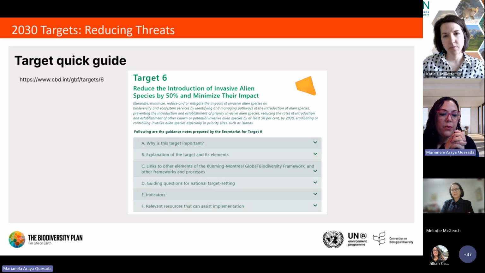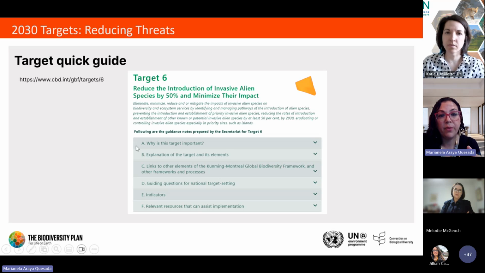So what we have done from the Secretariat is that we have tried to create these target quick guides that will hopefully help connect parties and stakeholders in understanding the targets. So if you go to the CBD website, you will be able to access the target quick guides. You can go to Target 6 and you can have information on why the target is important, the explanation of the target and the different elements that are part of the target, links to other elements of the GBF.